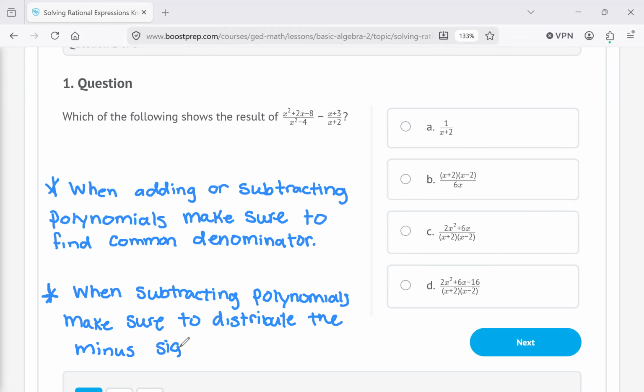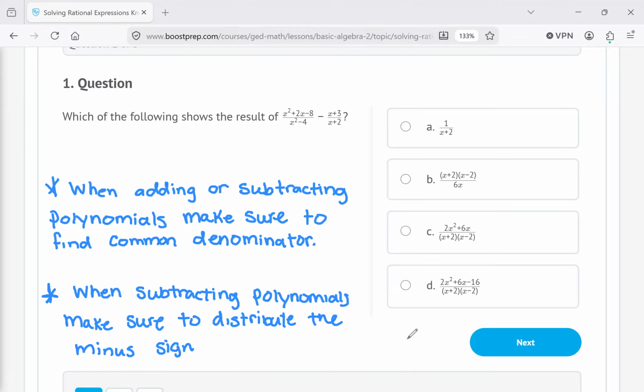That's something very easy, and a lot of people make mistakes. If you have a minus, like in the first one right here, make sure you distribute that minus.